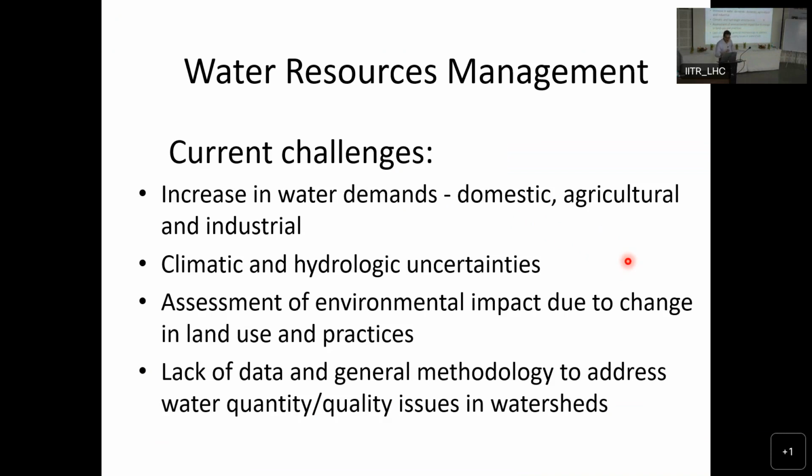Climatic and hydrologic uncertainties, I think this is something that we all deal with. Whatever management practices that we want to put in place, we'll put them in place today, but we expect those practices to serve us for some future time horizon. They should be serving us for 20 years, 40 years, 50 years into the future, not just for today.